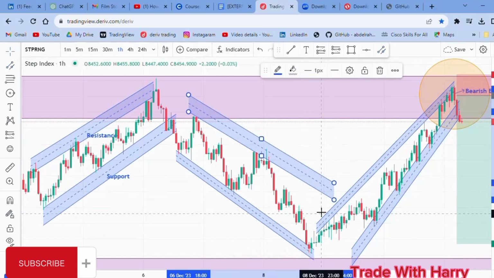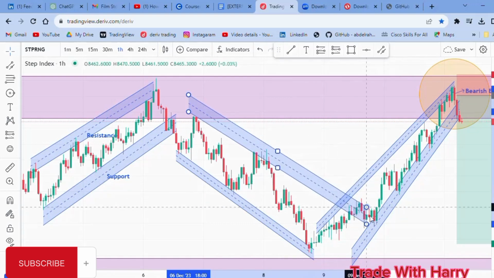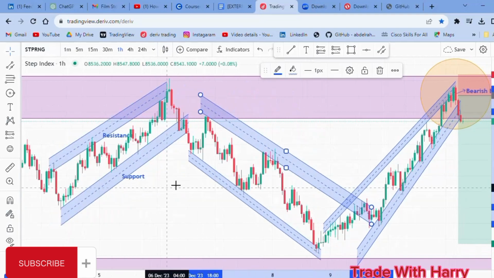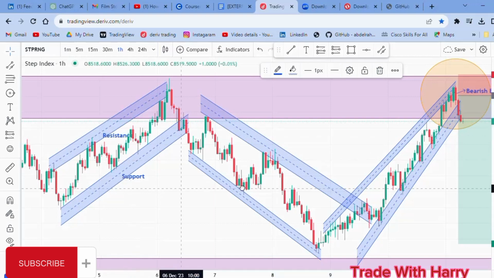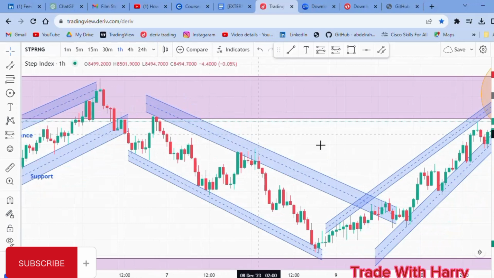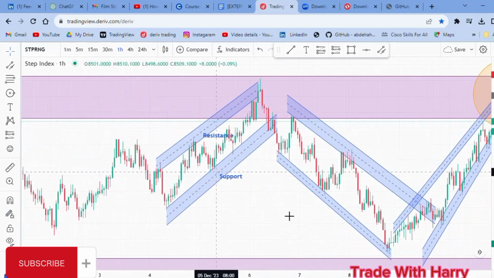You see, the market broke through this zone here, from support to resistance, then to support, and then it broke and then it sold. So it's actually a very easy thing to identify. Very easy. With the volatility indices, it's easier and easier and easy. The market is very easy.